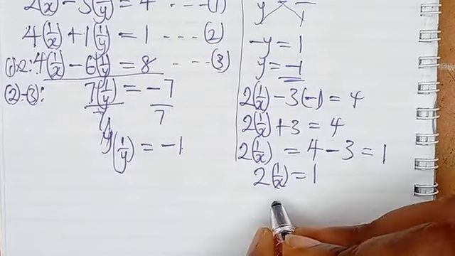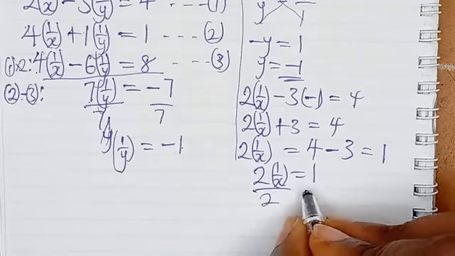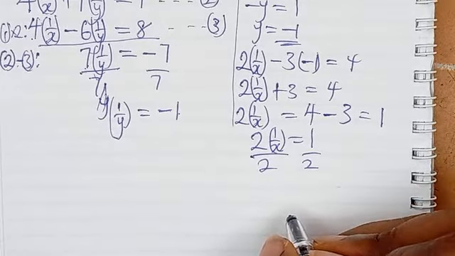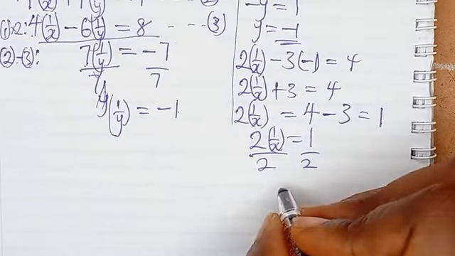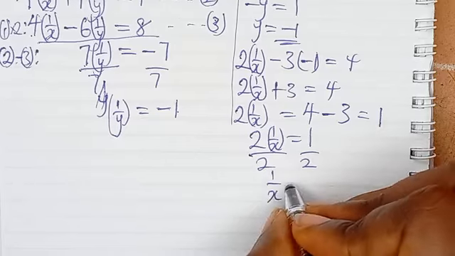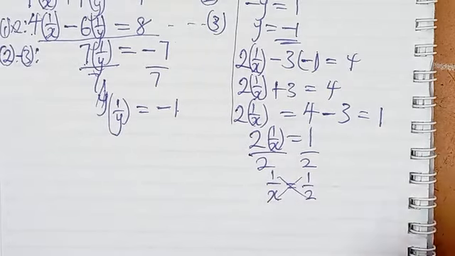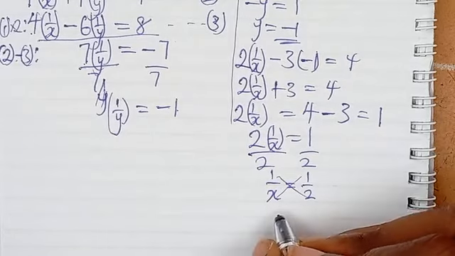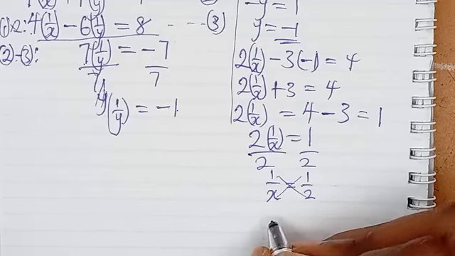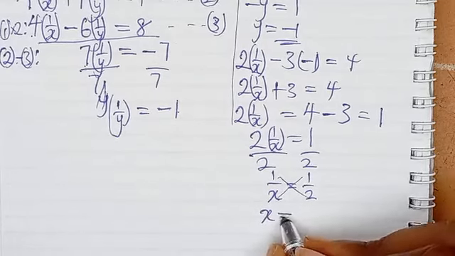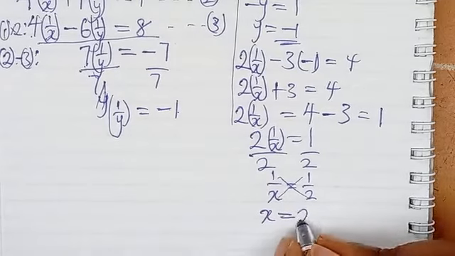And when we do that, we are going to have that 1 over x is equal to half. 1 over x is equal to 1 over 2. When we cross multiply, we are going to see that x is equal to 2. That is x times 1 is x, is equal to 1 times 2 is 2.